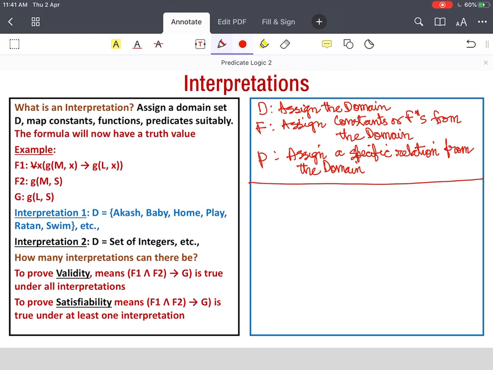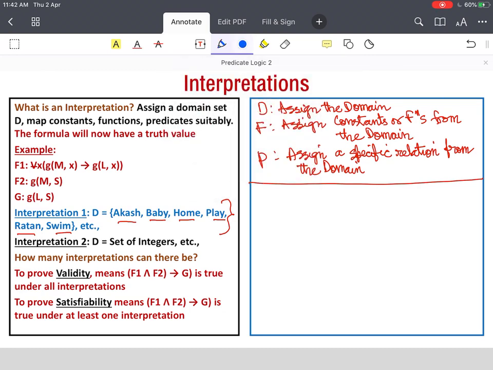Once we do that, the formulae that we have asked to be proved, like F1 and F2 implies G, will have a specific value. Let us see one case of one interpretation that I have given here. In this interpretation, we have defined D to be a set containing Akash, baby, home, play, Ratan, swim.